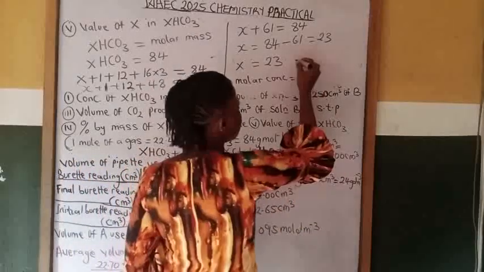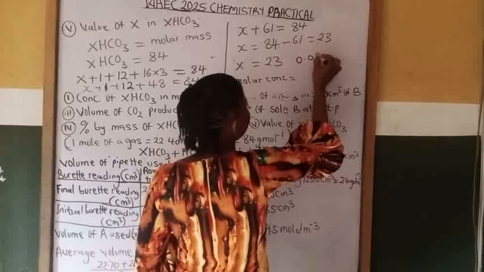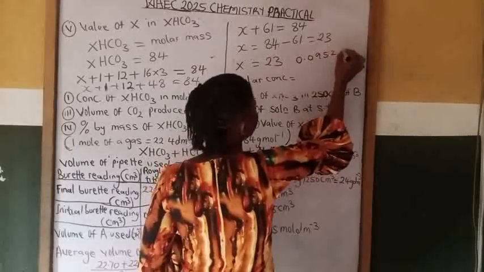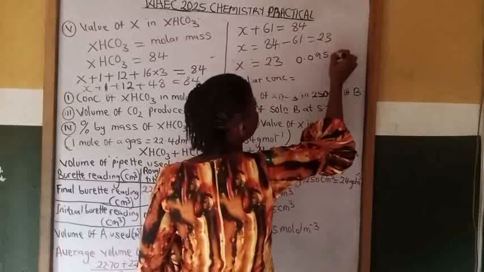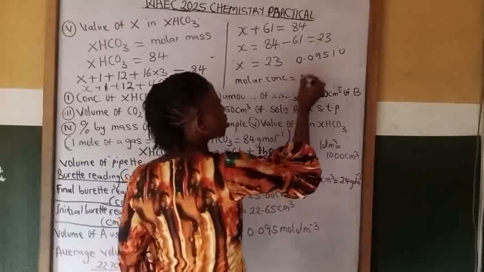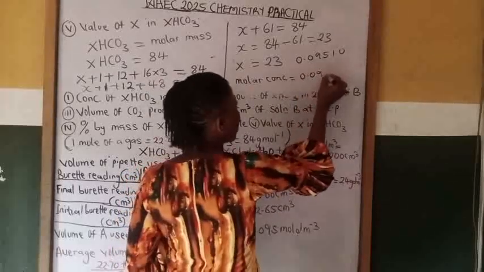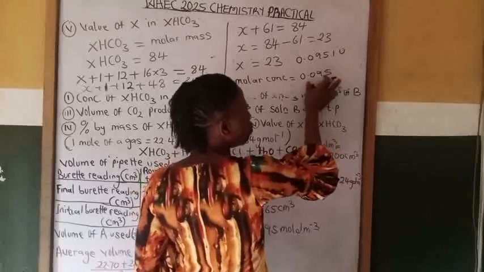Let's take for example, my answer in my calculator is 0.09510. So my molar concentration will be 0.095. You can leave it like this, or 0.0951, but it's okay like this.